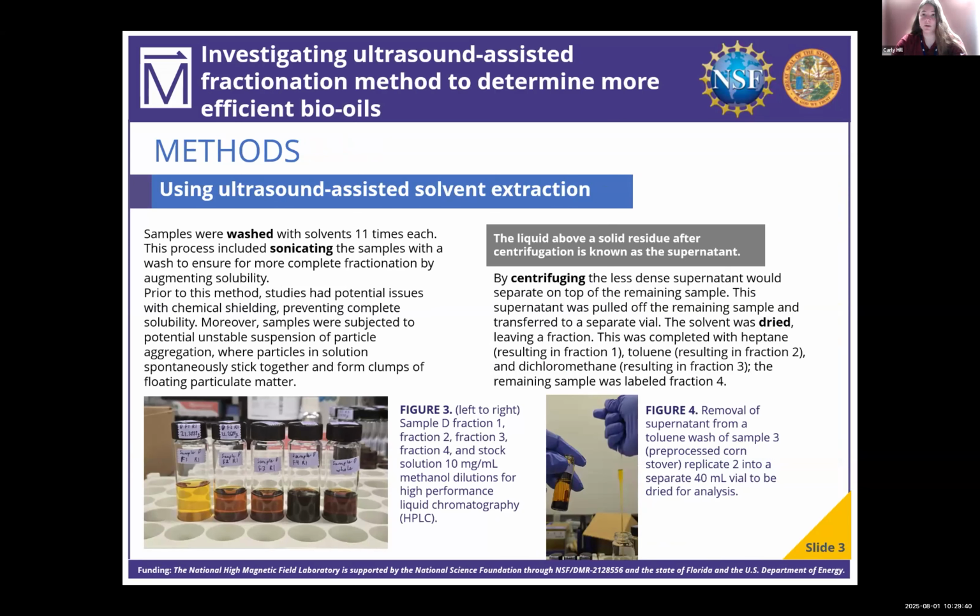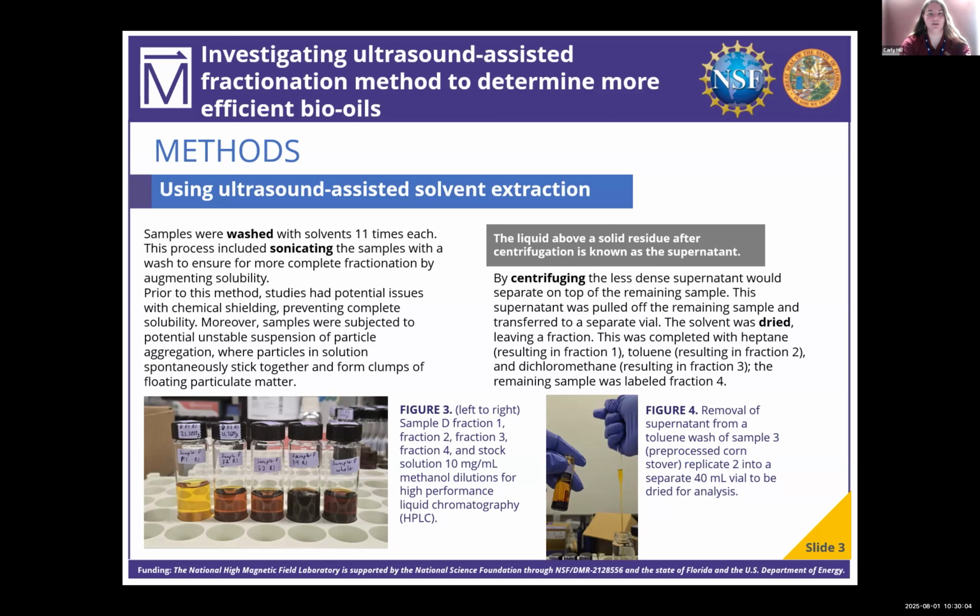By sonicating, we are maximizing solvent extraction while minimizing sample loss without worrying about degrading our sample. This allows us to pull out everything in that sample that is soluble in that solvent, take out what that wash dissolved, dry out that solvent, and that leaves us with a fraction.